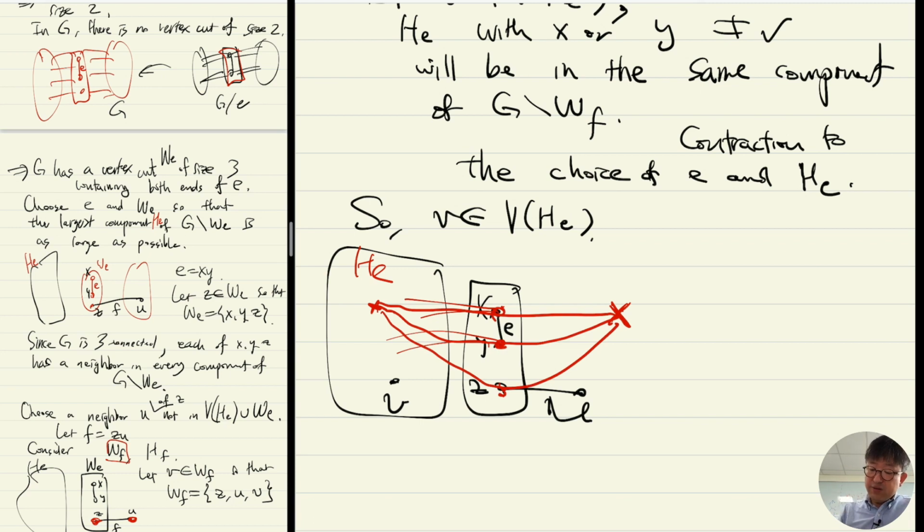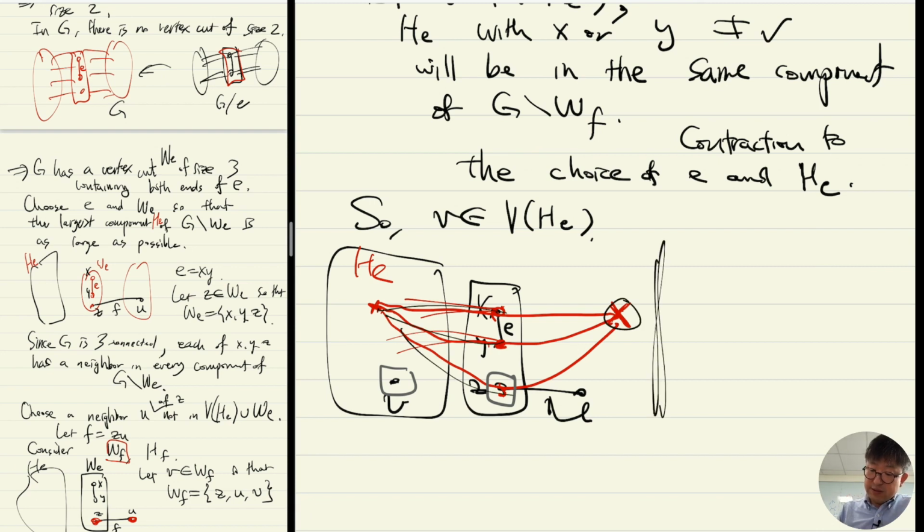Among the 3 paths, one of them uses G, one of them potentially uses V, but still one remains. So that means I must have a path from HE to a vertex outside by using these 3.